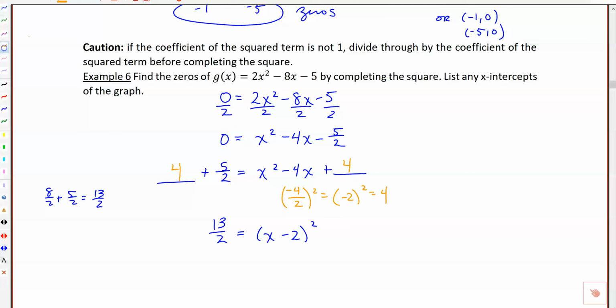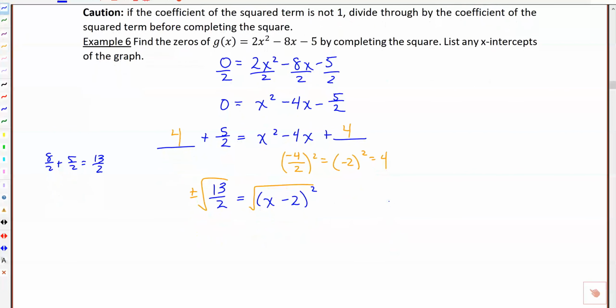Right, so now I can undo my square by square rooting both sides. Over here on the left-hand side, I'll get plus or minus the square root of 13 over the square root of 2, which I can go ahead and rationalize right now, multiplying by the square root of 2. And then on this side right here, I'll get x minus 2.